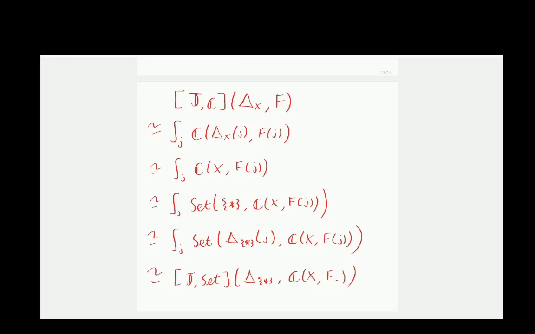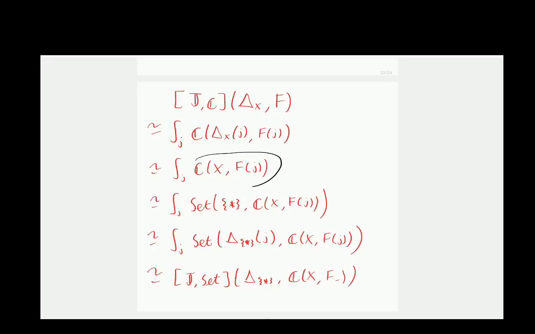Now, inside this integral, we can rewrite this like this. We're basically saying that this j at the beginning doesn't matter, because this is the constant x functor. We can also rewrite it so that we're thinking about the functions from this singleton set into this.